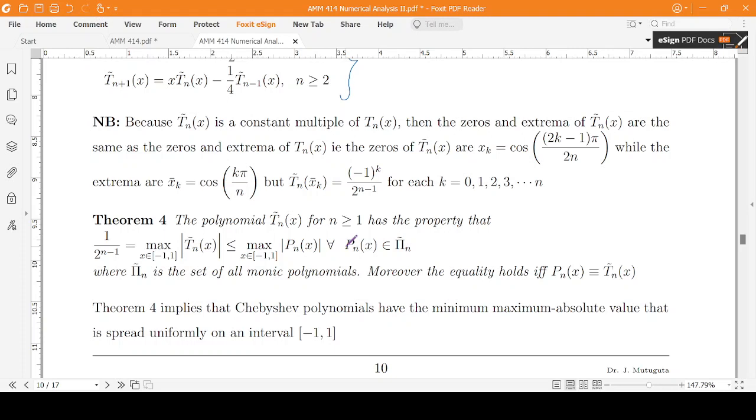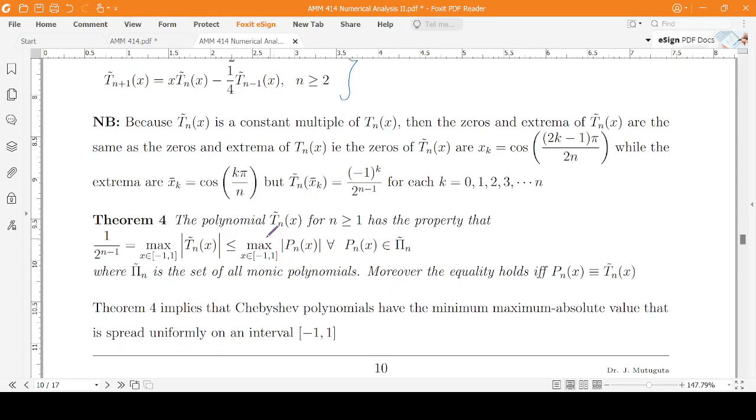So the Chebyshev polynomial has the minimum maximum absolute value in the interval -1 to 1. Now, pi n here is the set of all monic polynomials.